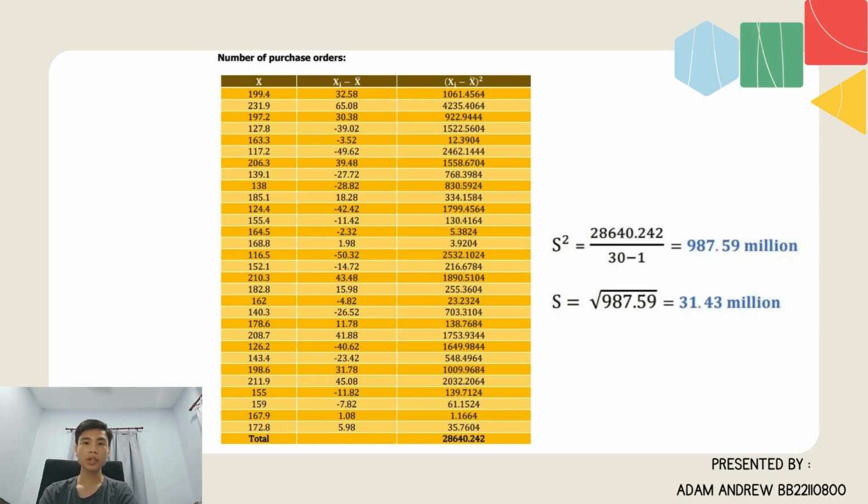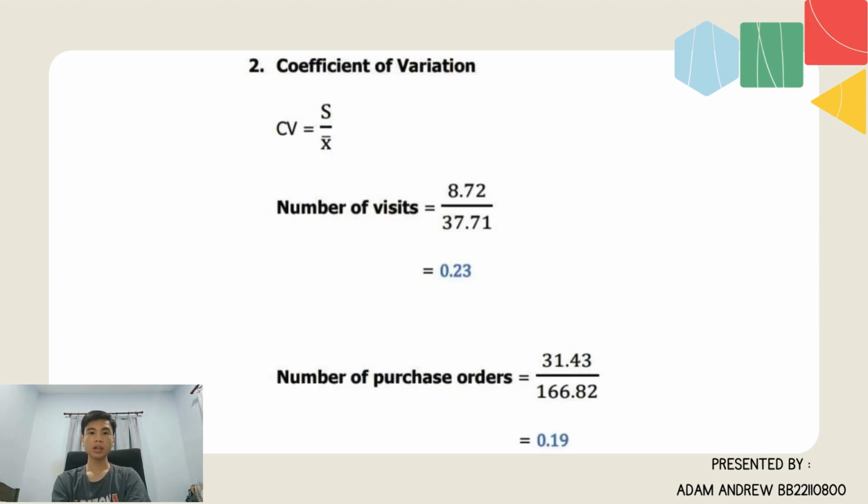The number of purchase orders exhibits a higher variance of 987.59 million and standard deviation of 31.43 million, indicating a greater degree of dispersion compared to the number of visits with only 76.1 million and 8.72 million. Next, we need to find the coefficient of variation for both number of visits and number of purchase orders.